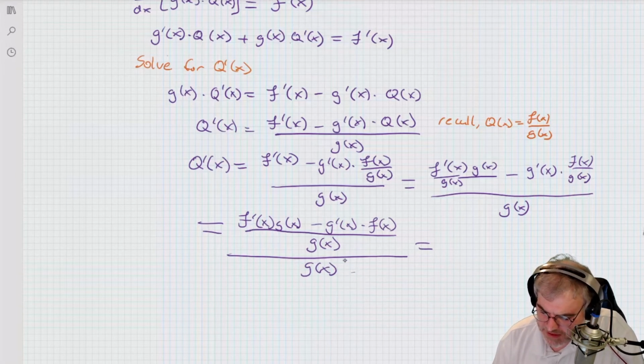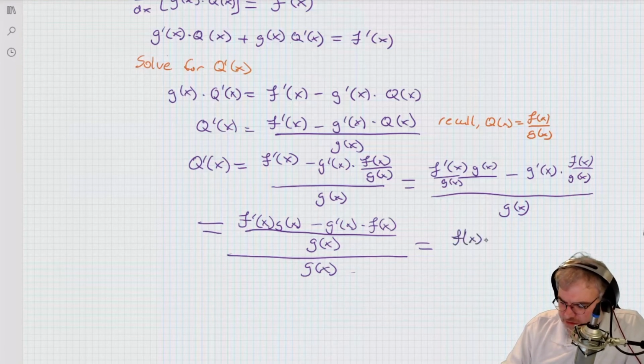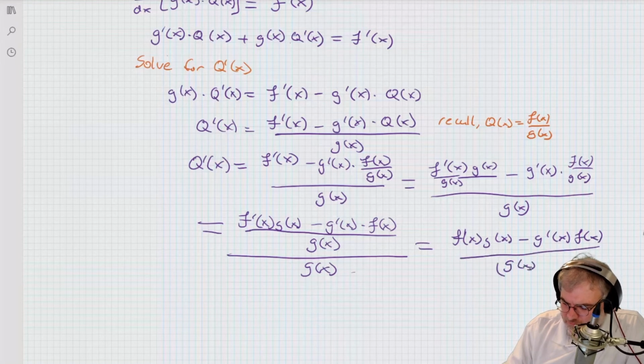So this thing is going to be times 1 over G of X. And I wind up with F prime of X, G of X minus G prime of X, F of X, all over G of X squared.